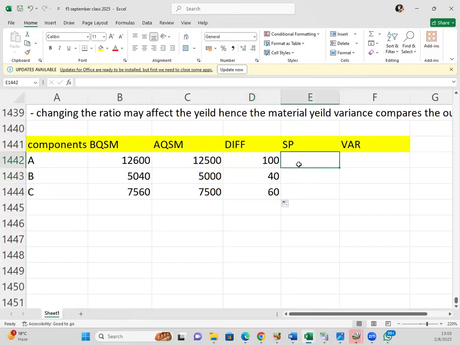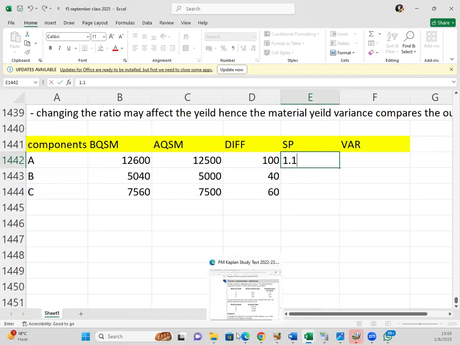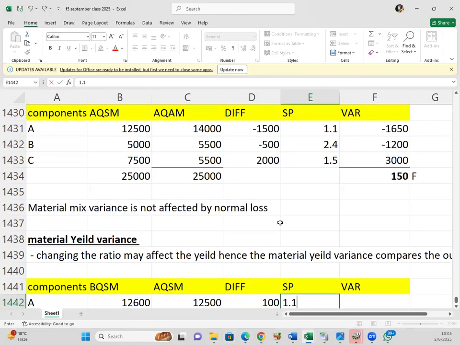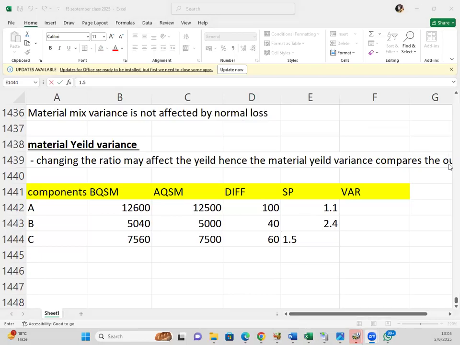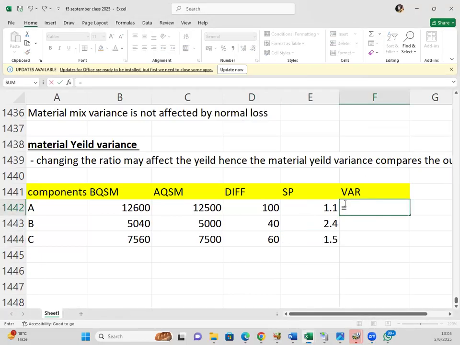Then your standard price is still the same, 1, 1,240 and 1,5. Then from there, we move to the variance. Variance, you multiply the difference times the standard price.